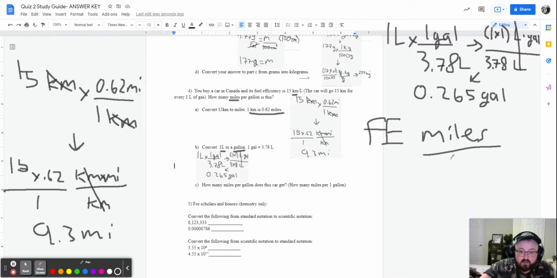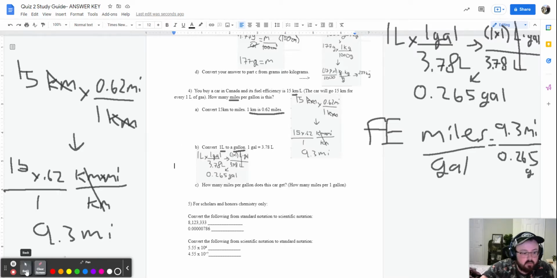We have miles, we have a gallon. Let's do that right there. So our miles is 9.3. Our gallons is 0.265.